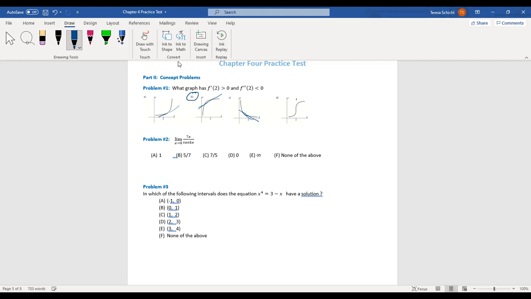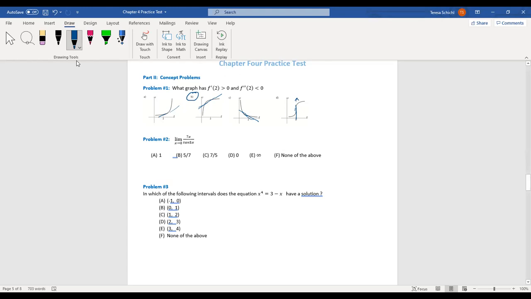And here at 2 we have a vertical tangent, so the slope does not even exist. That's why the best answer here is B.